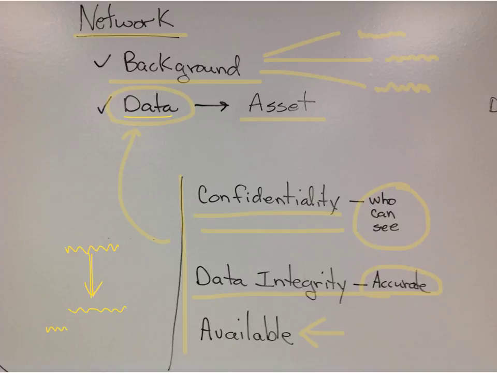Well, if the data is changed between there and they use somebody else's bank account and the money goes into the wrong account, then the data is not accurate, the integrity of the data. This really falls into category 2 of people misinterpreting data and producing wrong or inaccurate outputs. So in terms of security, who can see it and is it accurate?